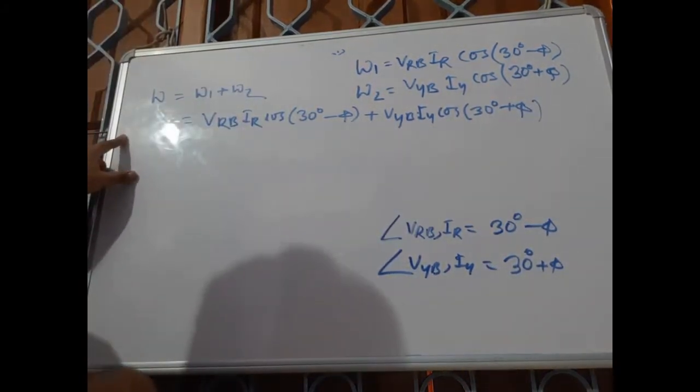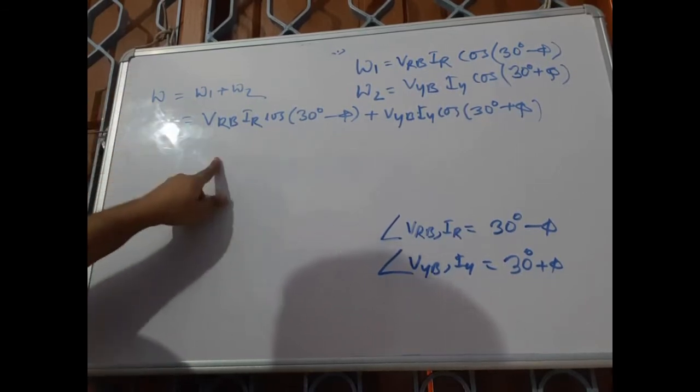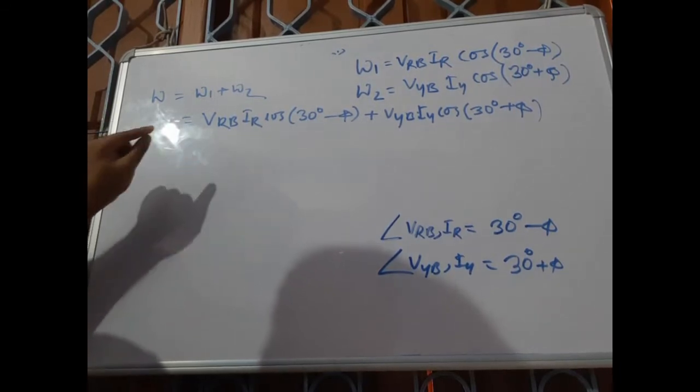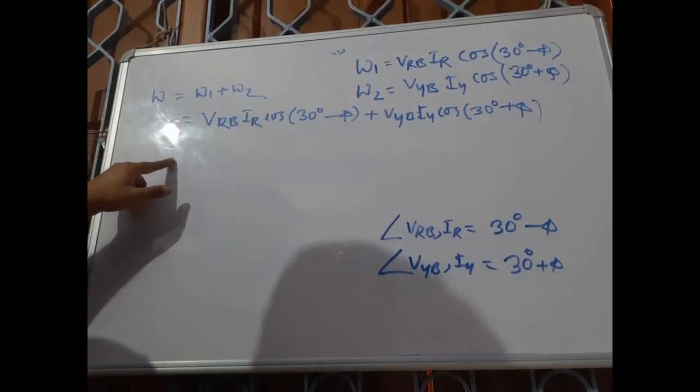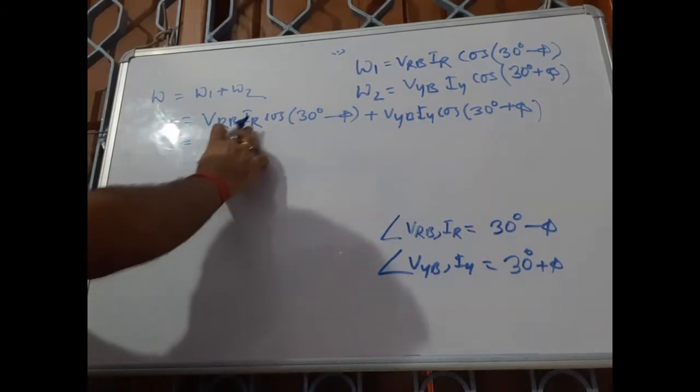Now as this is a balanced three phase system, the voltage and currents are same in magnitude, so this is actually line voltage and this is also line current.